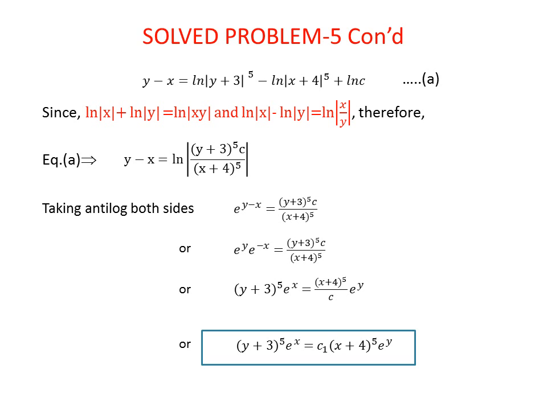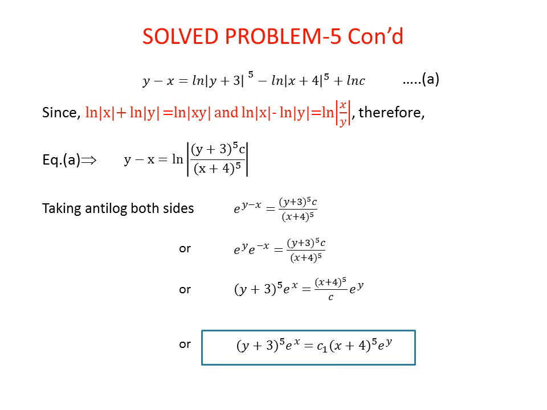we get the final answer, that is (y plus 3) to the power 5 multiplied by e^x, which is equal to, here there is no c. In the previous equation, the c appears in the denominator. Whenever we have this type of problem in which the constant appears in the denominator, we want to see the constant in the numerator.